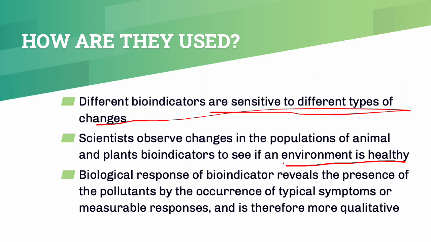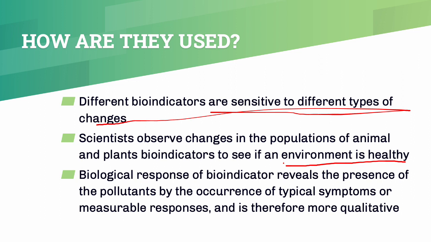Kasi that could be affected by different factors such as, of course, the biotic and abiotic factors. Kapag abiotic factors, of course, nandyan yung temperature, the amount of sunlight, the humidity, and so on and so forth.